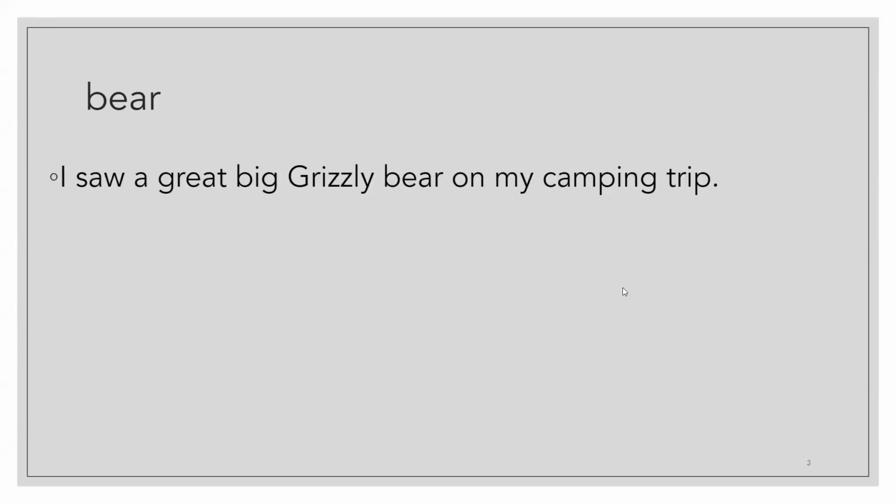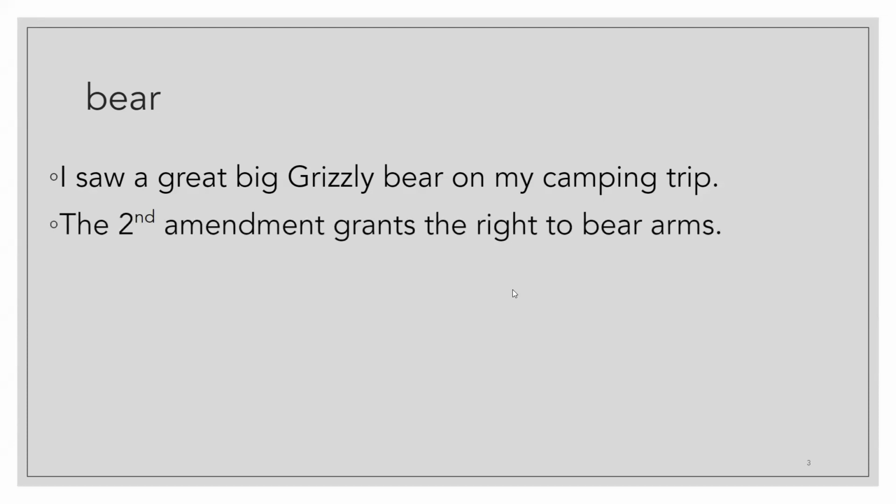Okay, so if we just look at an example of this word bear. If I say the word bear, the first thing that might pop into your mind is the word B-E-A-R, and you might think like a grizzly bear or a black bear, polar bear. It's an animal, okay? It's a noun. But maybe you think of the Second Amendment and the right to bear arms.